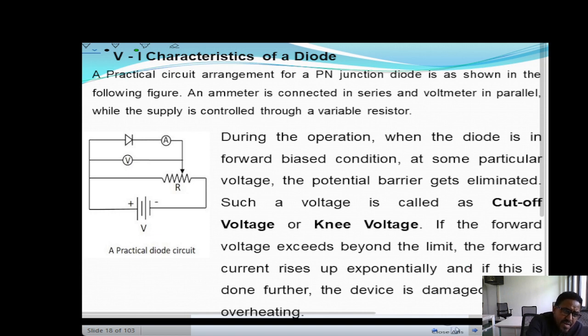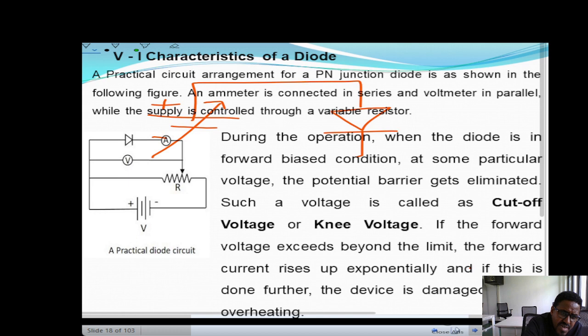So when a diode is connected in a circuit with a battery, negative and positive, this battery is like a variable DC source. The positive connects with the anode side of the diode.